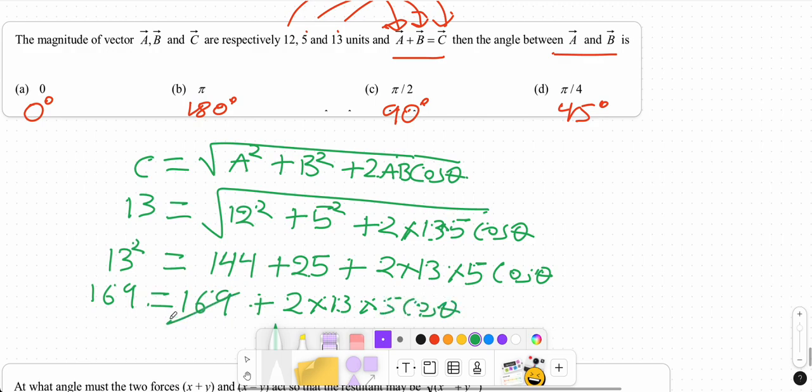Now 169 cancel. That implies that 2 into 13 into 5 is equal to cos theta.